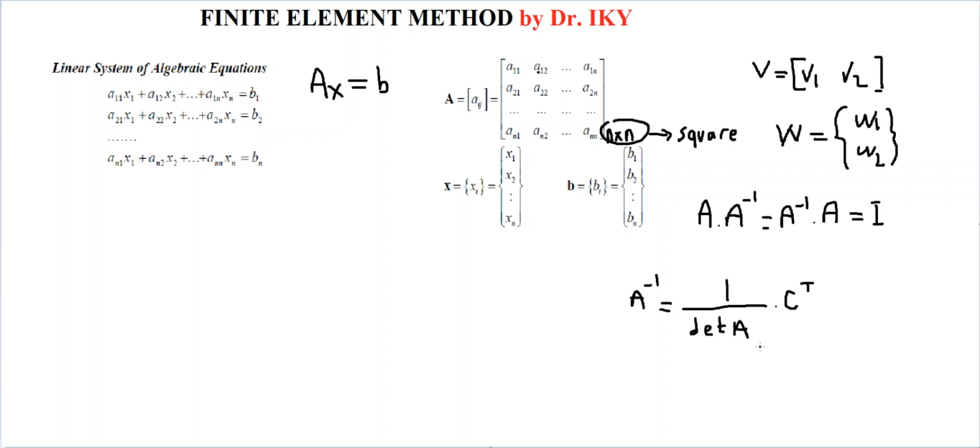Also, for matrices A and B, the inverse of their product is equal to B inverse multiplied by A inverse.